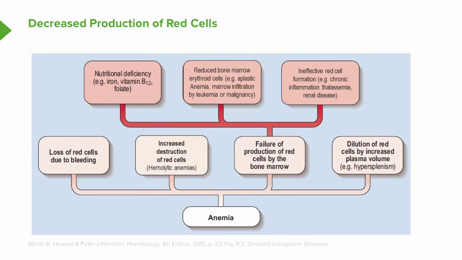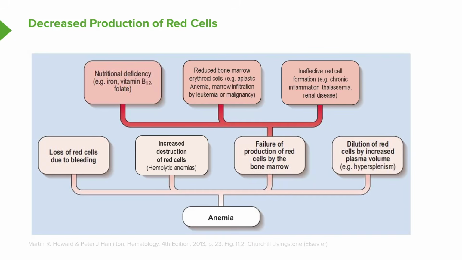In the middle, reduced bone marrow erythroid activity due to problems with general bone marrow function, aplastic anemia or leukemia. And on the right, you'll see ineffective red cell formation due to disorders such as inflammation. And on the other side, we'll see nutritional deficiencies, iron, vitamin B12 deficiency.